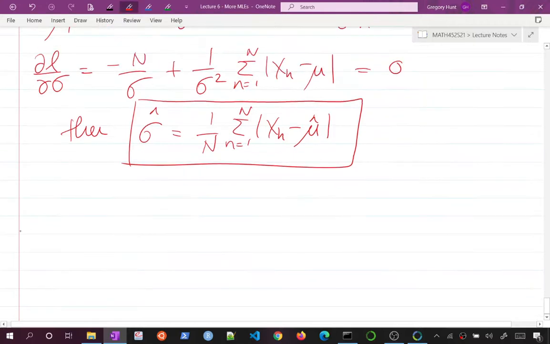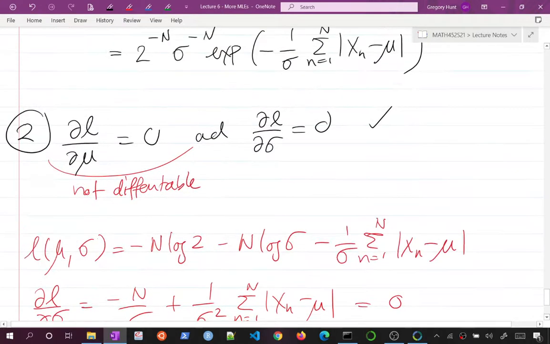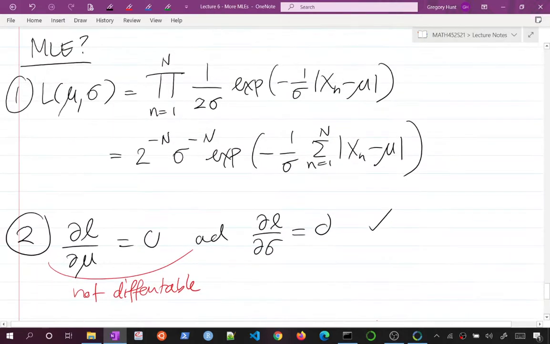So mu hat, how do we get that, right? The problem is that this thing isn't differentiable with respect to mu because we have a mu in an absolute value.